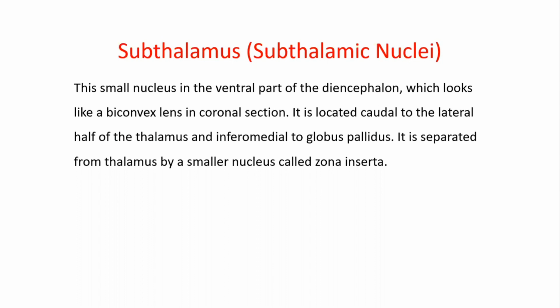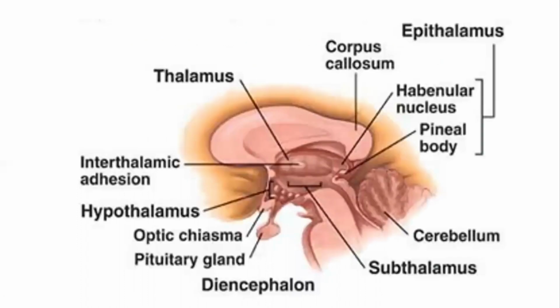It is separated from the thalamus by a smaller nucleus called the zona incerta. So this is another view of the diencephalon. We have the thalamus, the hypothalamus, subthalamus, and epithalamus. So this was the diencephalon.